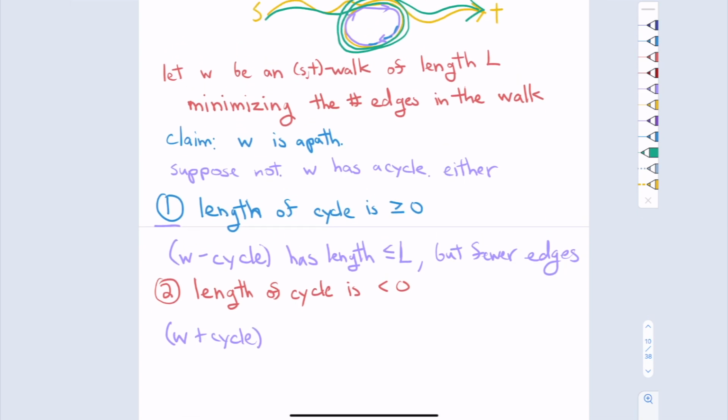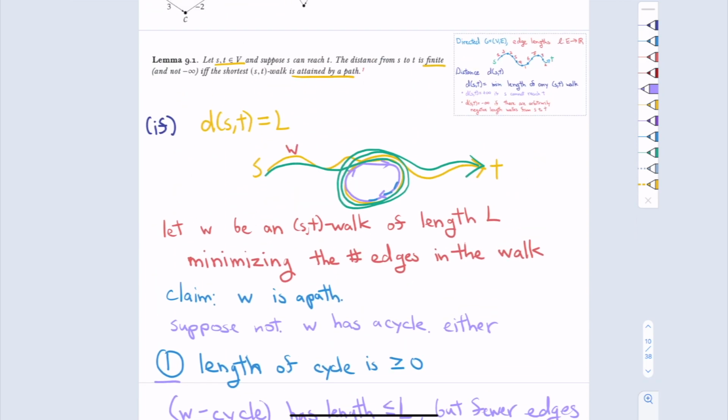Since the length of the cycle is less than 0, if I repeat the cycle, then the total length of that walk with an extra cycle in it is smaller. But it's still an S-T walk, which contradicts L being the minimum. Okay. So what we pointed out is that the minimum length ST walk with the minimum number of edges is always a path when the distance is finite. Okay, so that's that lemma.